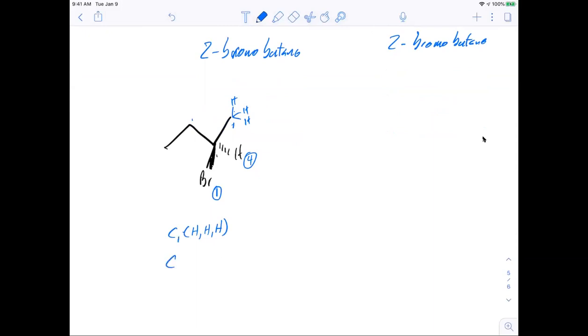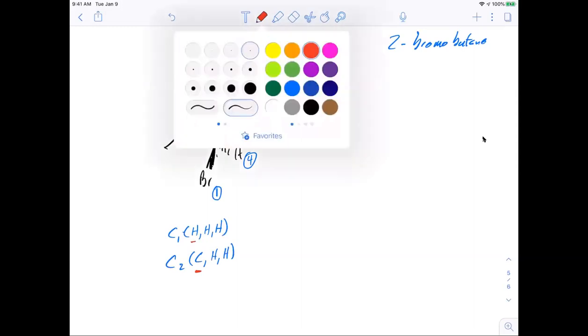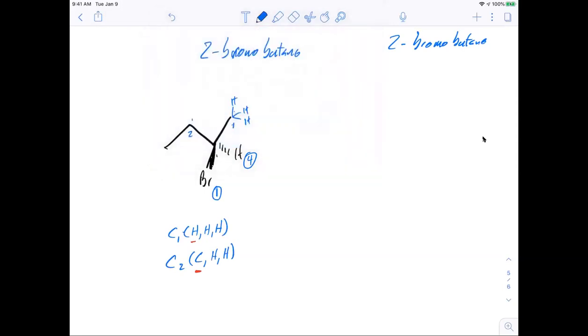Carbon 2 is attached to what? Well, it's attached to a carbon and 2 hydrogens. So because of this carbon here versus that hydrogen, that makes this 2, and that makes this 3.